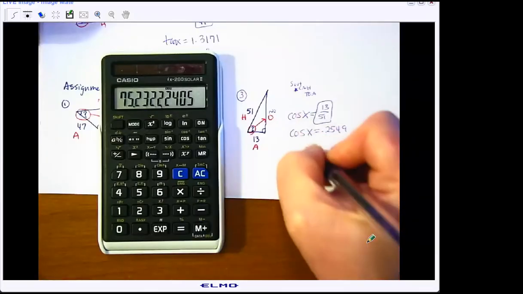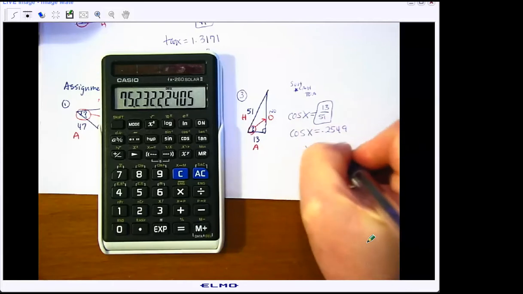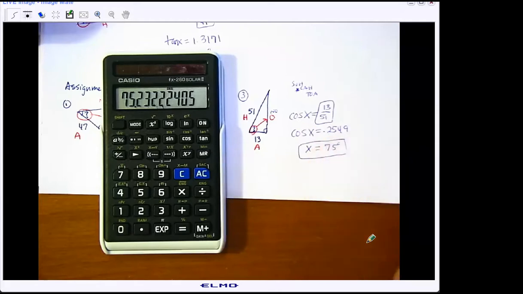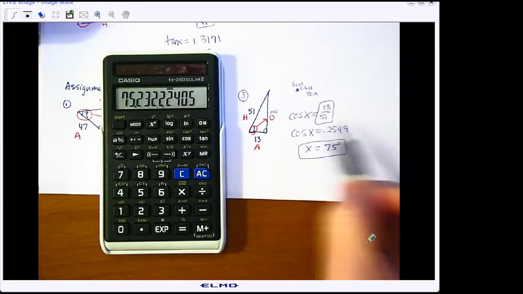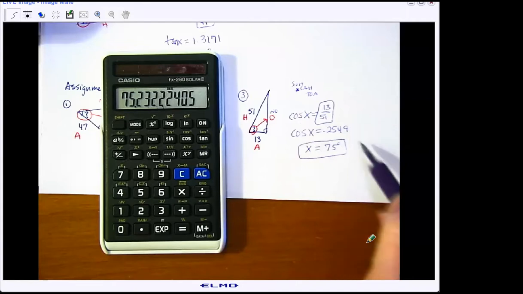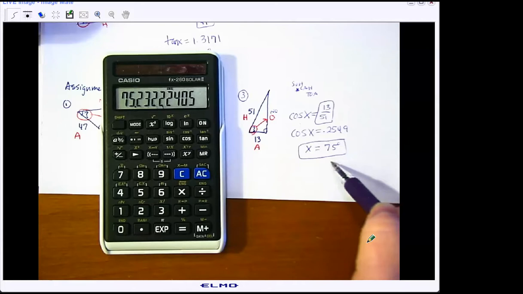Okay. So your angle is equal to 75. So cosine of x is 13 over 51 because we have cosine. Changing it to a decimal and hitting shift cosine, and you're done. Your angle is 75 degrees.